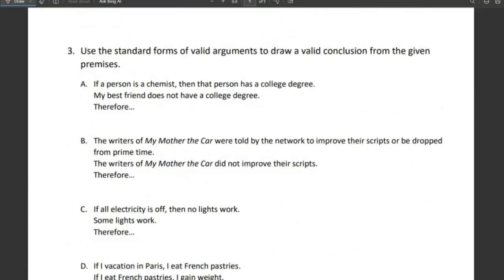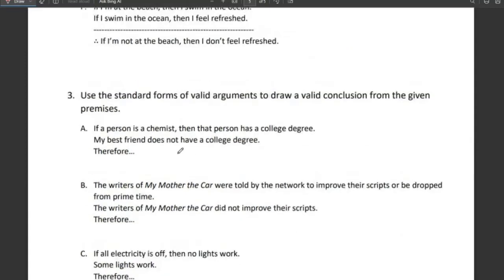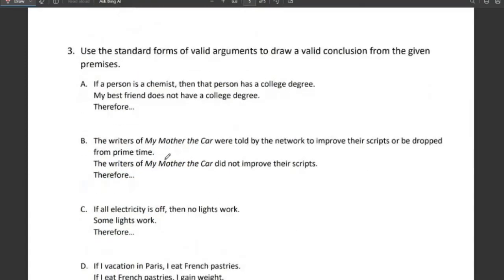All right, number 3. Use the standard forms of valid arguments to draw a valid conclusion from the given premises. So they give us these as statements, and we need to first put them into symbolic form and then figure out what the conclusion should be to make it valid.